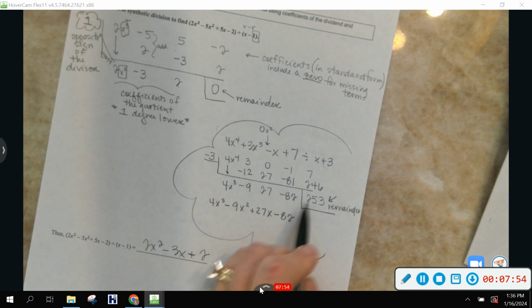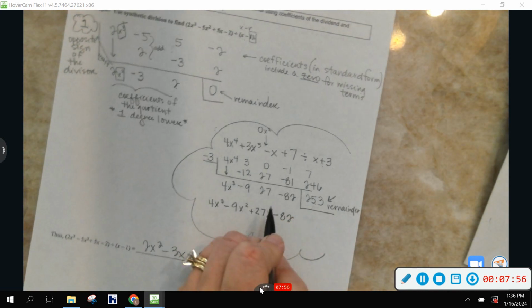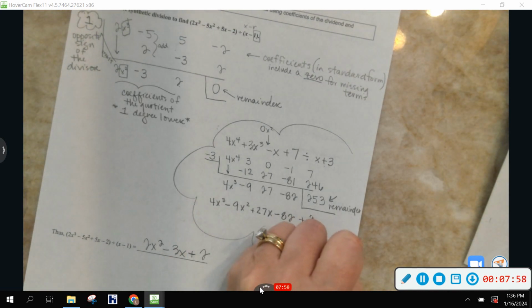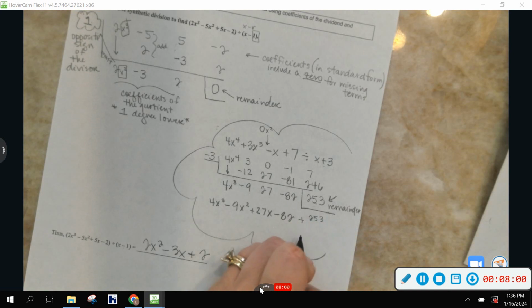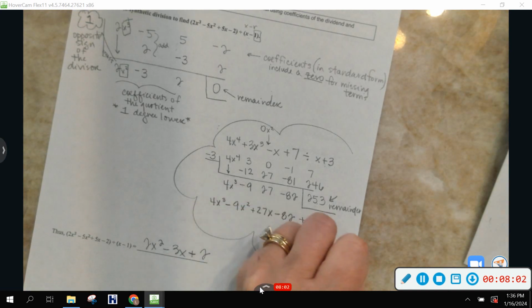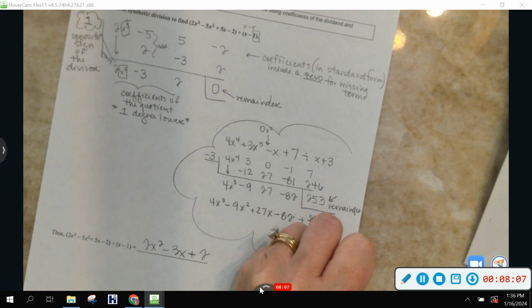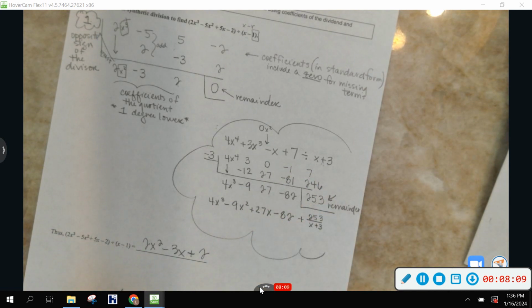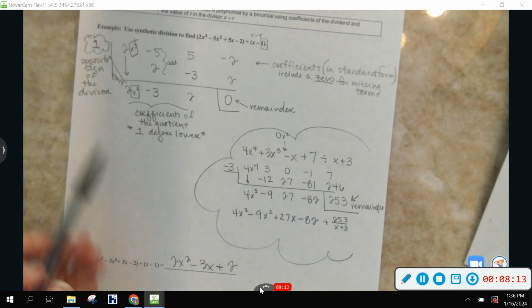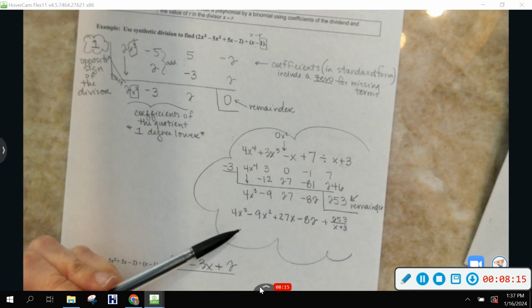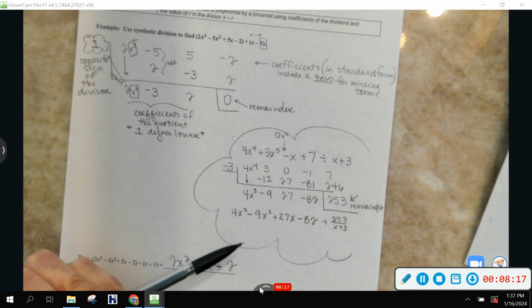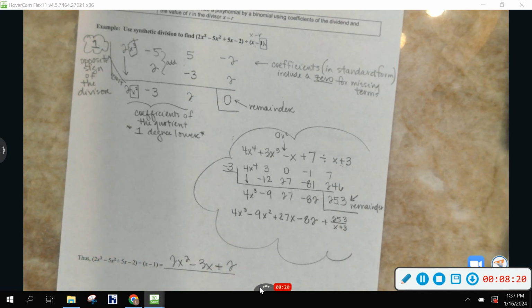Here I have a little bit left over, or maybe even a lot left over. So I'm attaching my remainder as 253 over what I still have to divide by, x plus 3. That's the process, which we'll use to analyze other things with polynomials as the unit goes on.